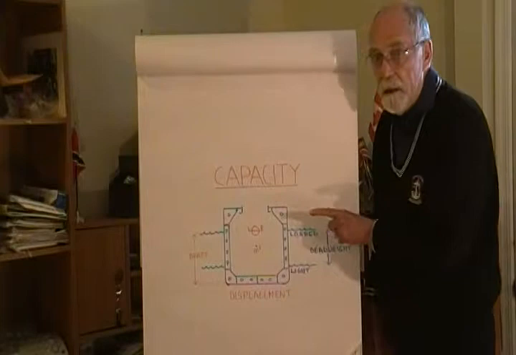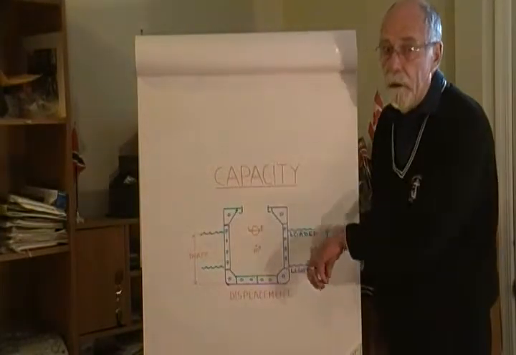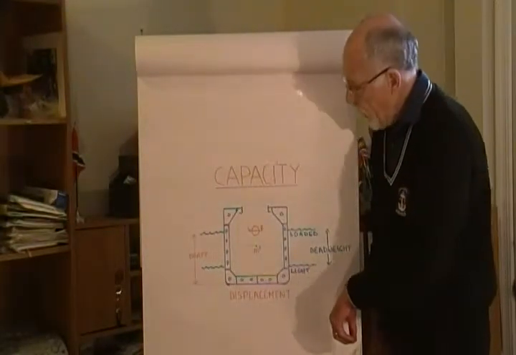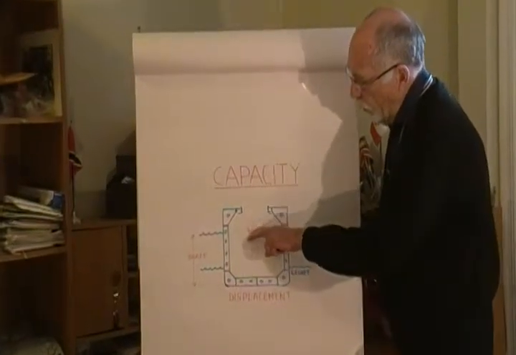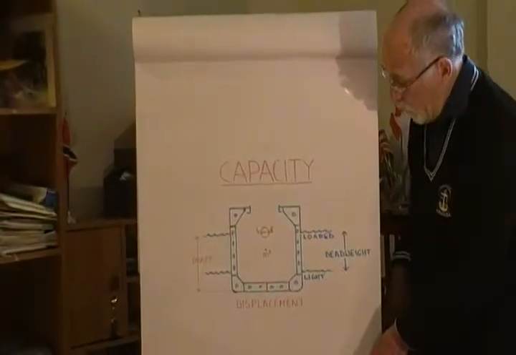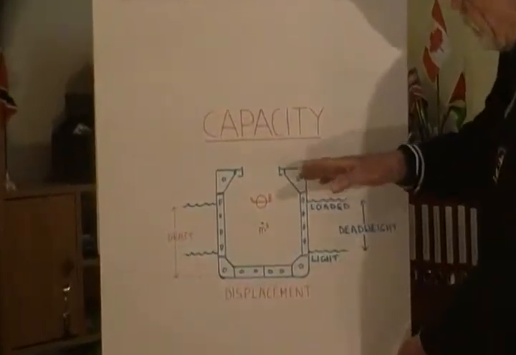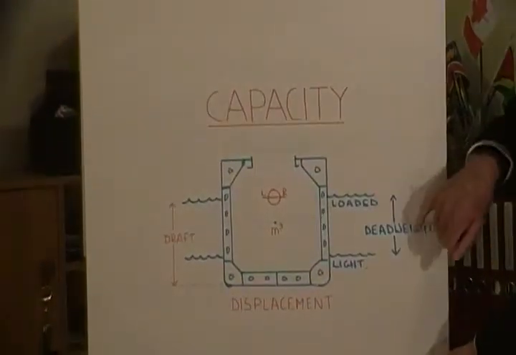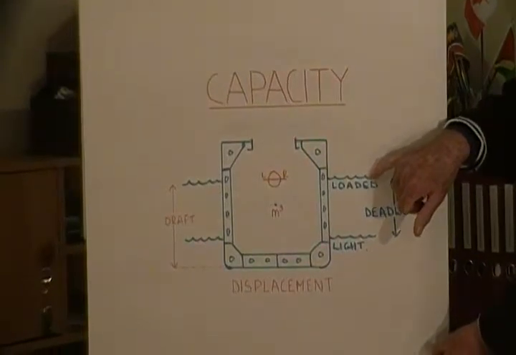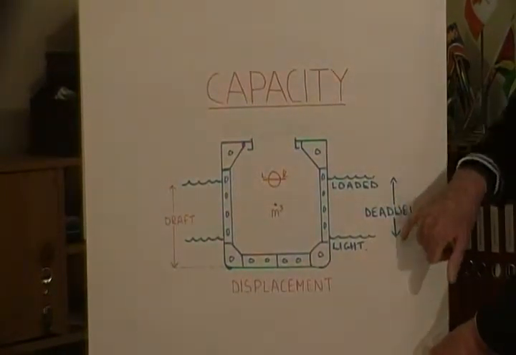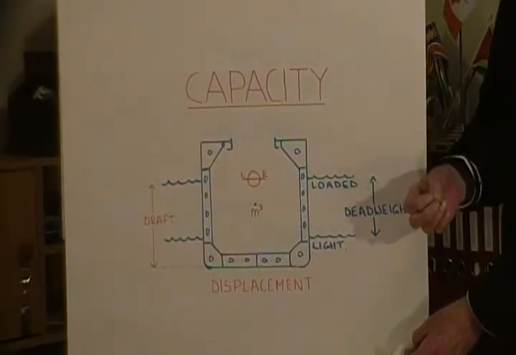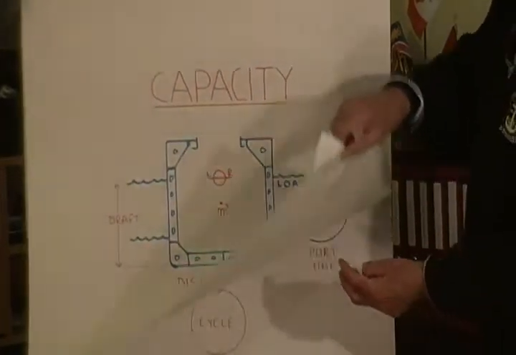Now, it stands to reason that you cannot go on putting cargo in until the thing sinks. So there is a line on the ship's side called the plimsoll mark, which shows you how deep the ship can be loaded in the water. The difference between the loaded draft and the light draft is called the ship's deadweight carrying capacity, the capacity by mass.